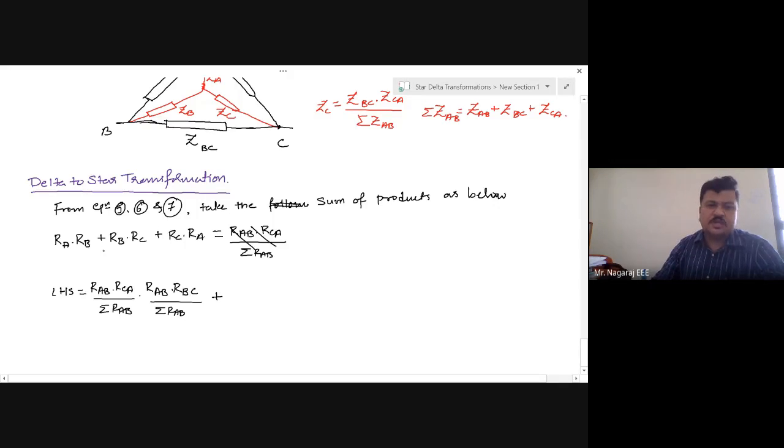Plus the second term, RB into RC. RB is again RAB into RBC divided by summation RAB, into RC, which is RBC into RCA divided by summation RAB.